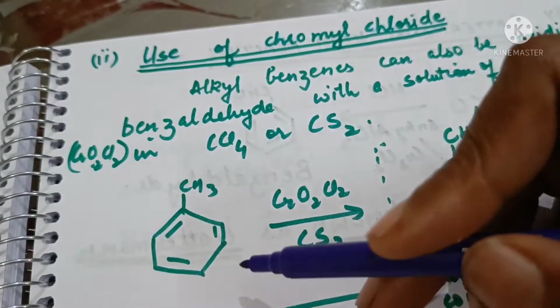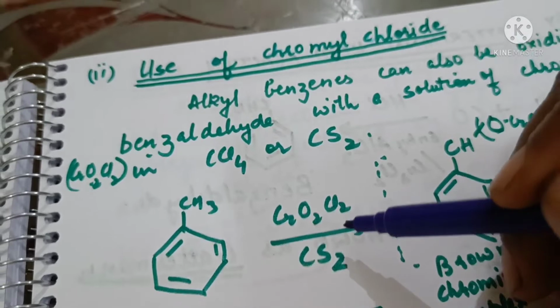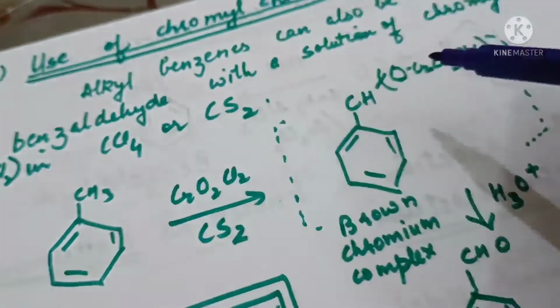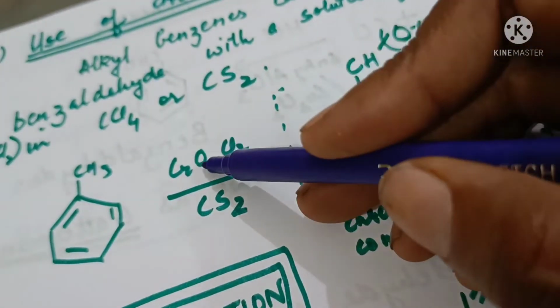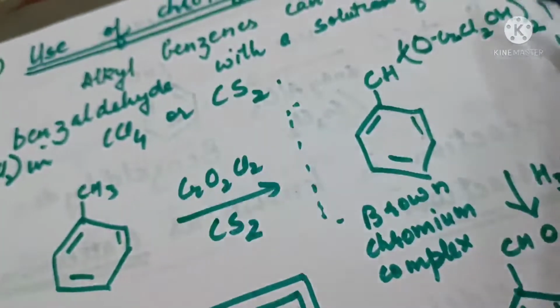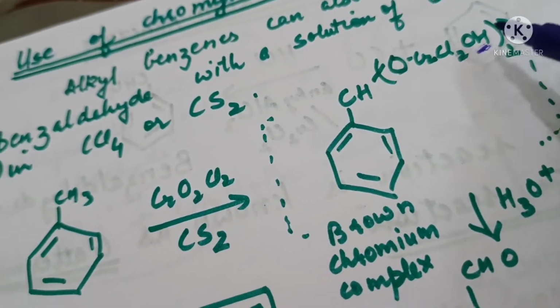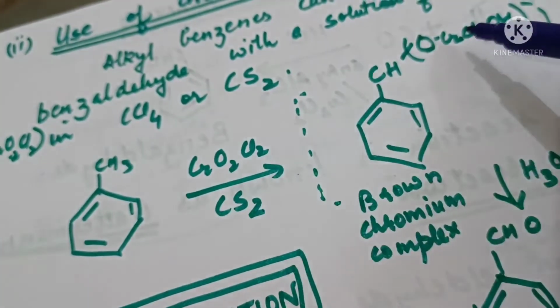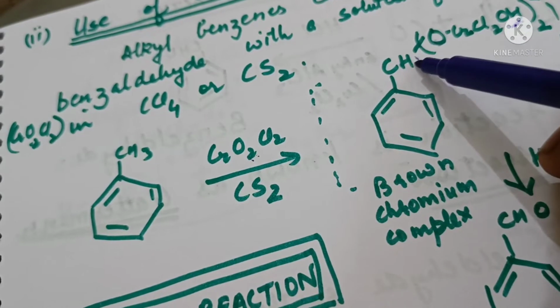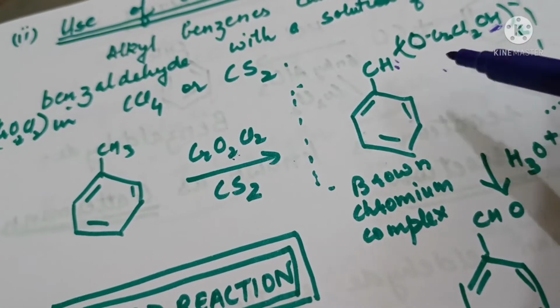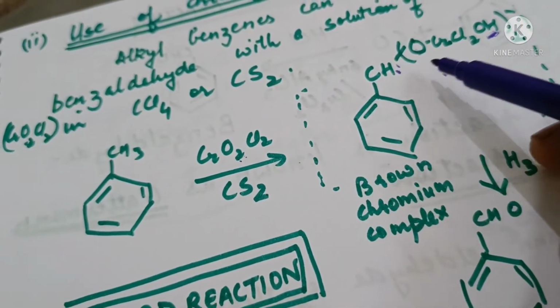So alkyl benzene, when reacted with chromyl chloride, two of the hydrogens will be added to the double bonded oxygen over here, and the second oxygen will get attached at this position to form brown chromium complex.